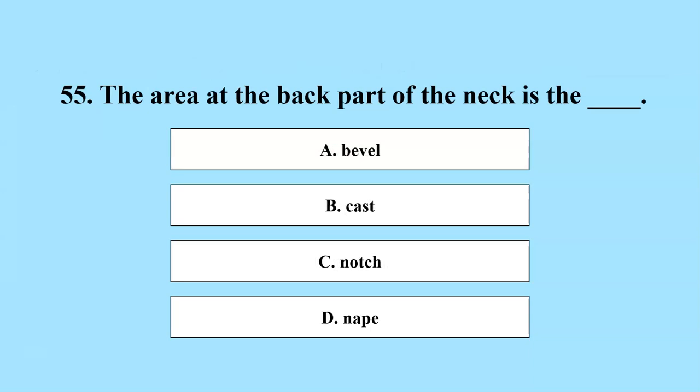The area at the back part of the neck is the bevel, cast, notch, nape. If you chose D, nape, you are correct.